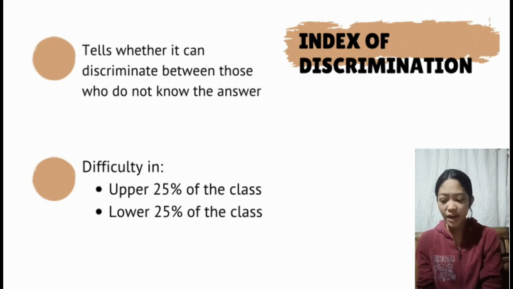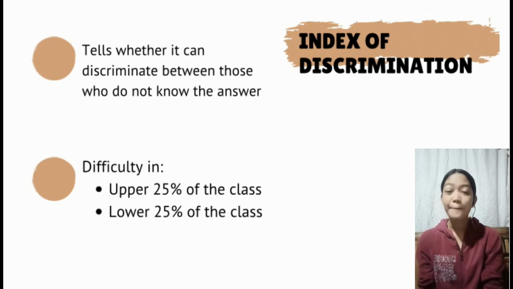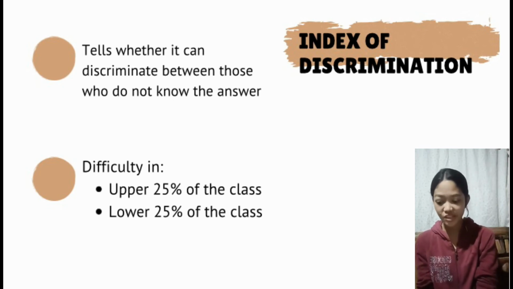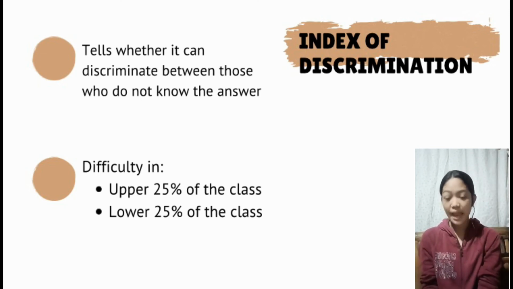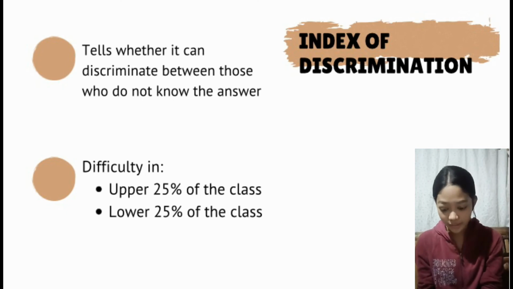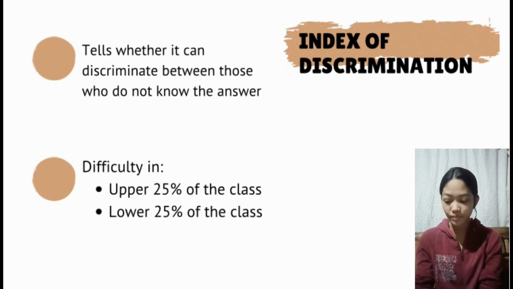So, there are several ways to compute an item discrimination, but one of the most common is the point biserial correlation. This statistic looks at the relationship between an examinee's performance on the given item, correct and incorrect, and the examinee's score in the overall test.